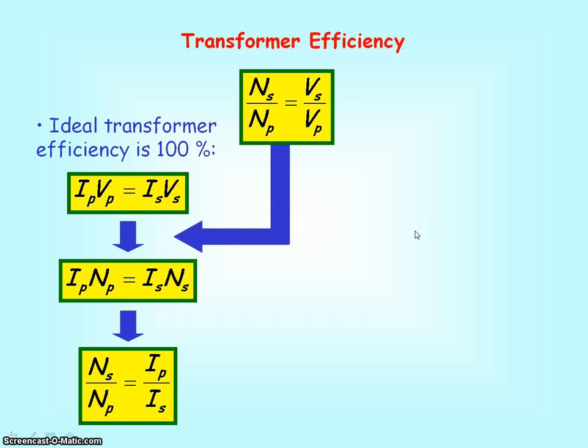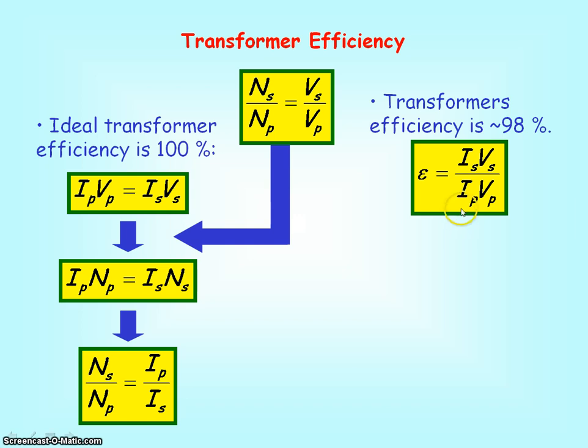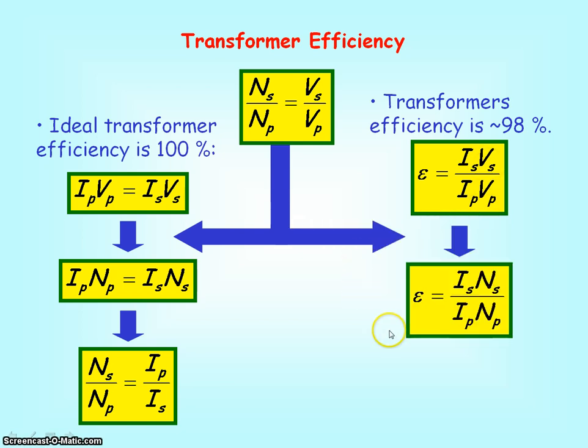However, the transformer efficiency is around 95 to 99%, and so the efficiency would be calculated from the output power, which is across the secondary coil, divided by the input power, which is across the primary coil. And if we substitute the turns ratio equation into our efficiency equation, eliminating the voltages, we get this.